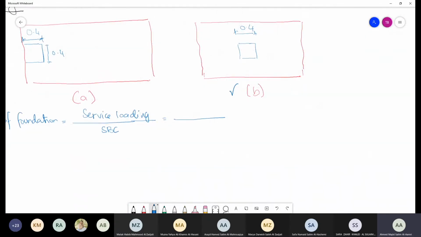So I'm bringing 1,540 kilonewton, and then my safe bearing capacity is 200 kilonewton per meter square. Kilonewton will go with kilonewton, meter square will go up. So we are going to have a value of around 7.7. Can you correct me here? Okay. We are going to get a value which is around 7.7.